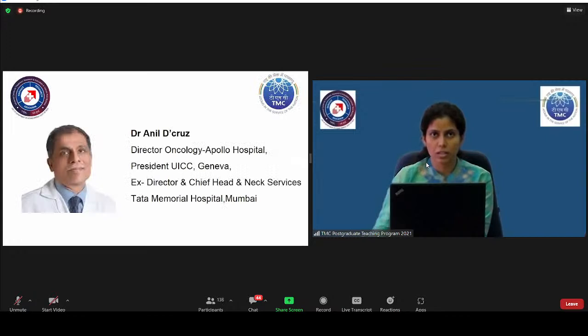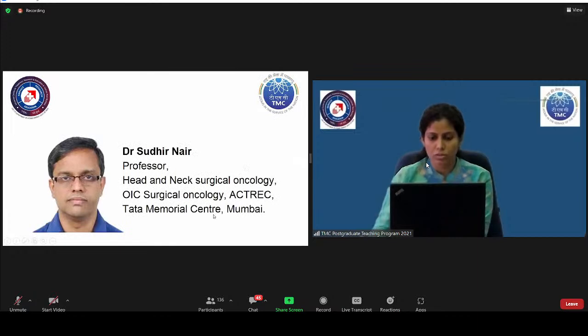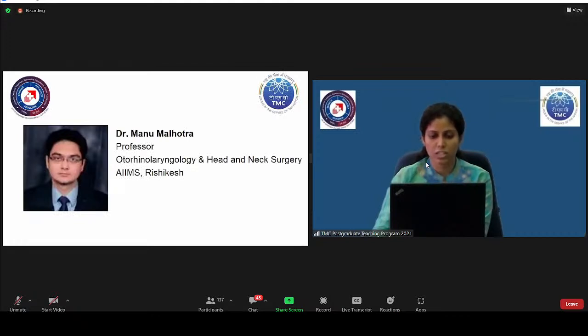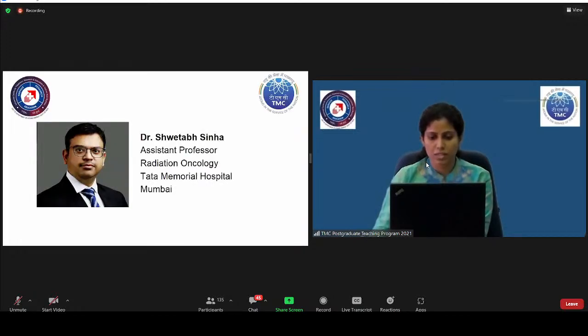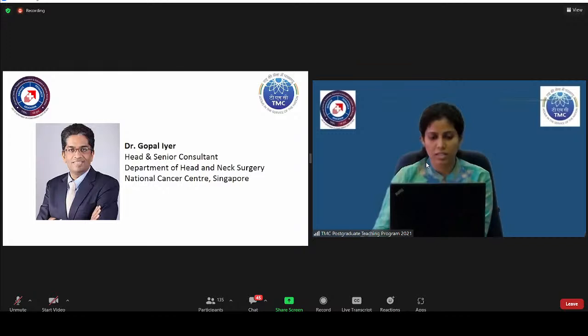The moderators for this session are Dr. Anil K. D'Cruz, Director, Oncology, Apollo Hospital, President UICC, Geneva, ex-Director and Chief, Head and Neck Service, Tata Memorial Hospital, Mumbai; Dr. Sudhir Nair, Professor, Head and Neck Surgical Oncology, Tata Memorial Center, Mumbai; Dr. Manu Malhotra, Professor, Otorhinolaryngology and Head and Neck Surgery, AIIMS Rishikesh; Dr. Neha Mittal, Professor, Department of Pathology, Tata Memorial Hospital; Dr. Shwetabh Sinha, Assistant Professor, Radiation Oncology, Tata Memorial Hospital; Dr. Gopal Iyer, Head and Senior Consultant, Department of Head and Neck Surgery, National Cancer Center, Singapore.